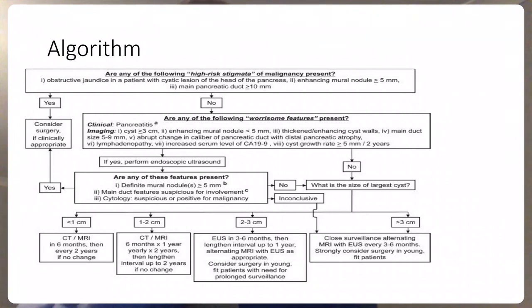But as I said, the majority will be side branch IPMN, and we will keep them under surveillance, but a significant group of them will be high risk that involve the main duct, which means that we will need to follow them up either very closely or consider surgery in surgically fit patients.